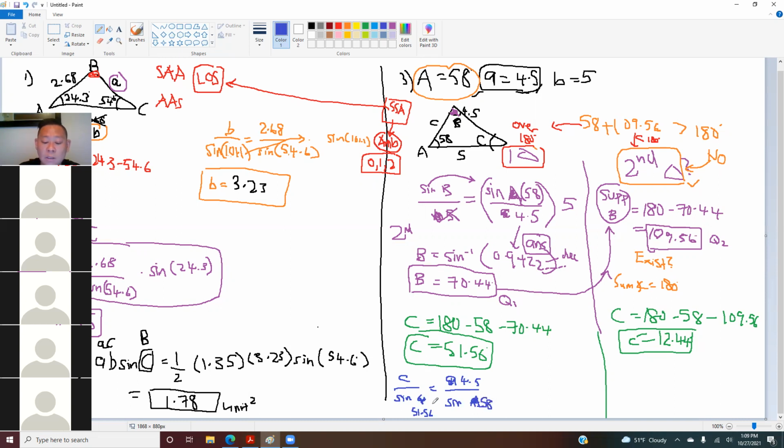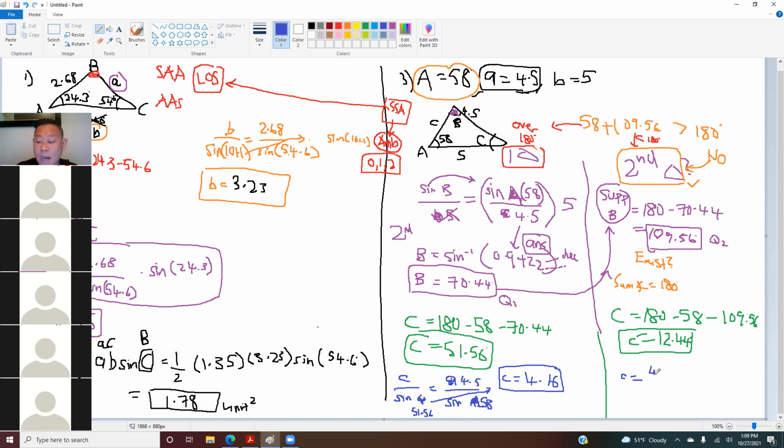Then I just multiply to find side C. It's 4.5 divided by sine 58 times sine 51.56. So this is 4.16 for this case.